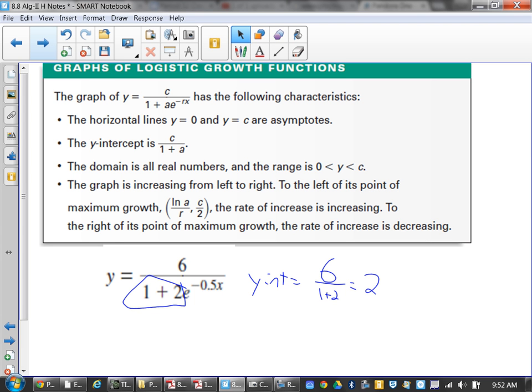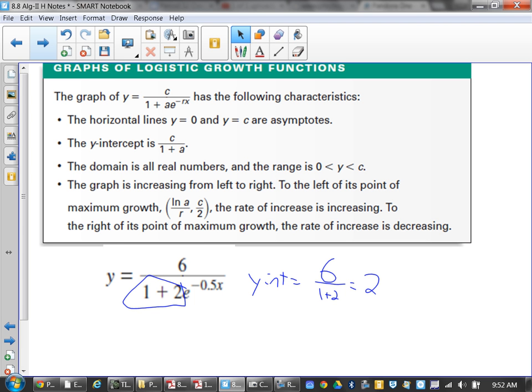The only other point that you get is the maximum growth point. That maximum growth point occurs at the natural log of whatever your a value is, divided by r, comma, c divided by 2. Your a value is 2, so you get the natural log of 2.